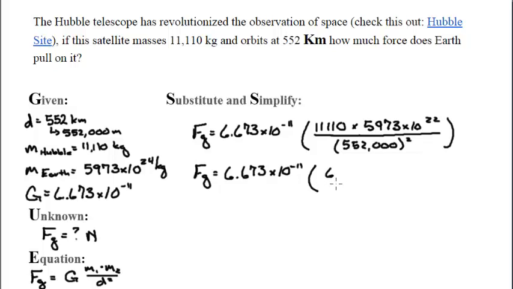The top of the parenthesis, I got 6.63603 times 10 to the 29, all of that over 3.047 times 10 to the 11th.